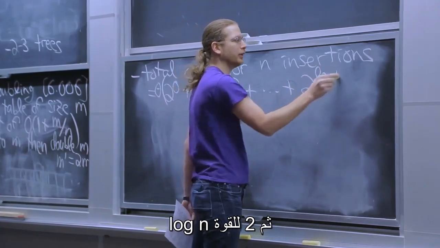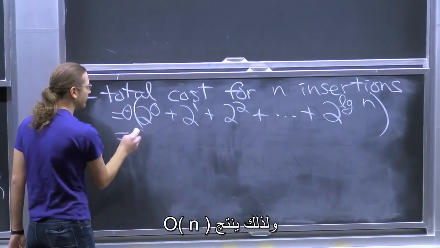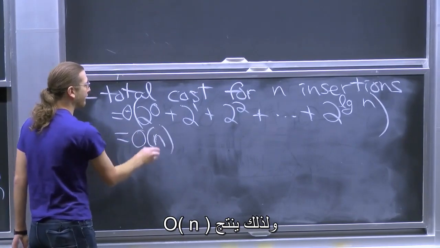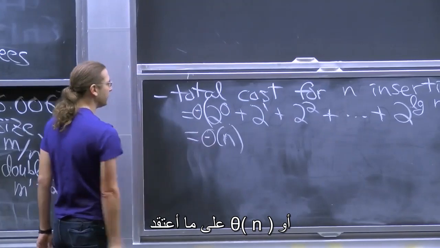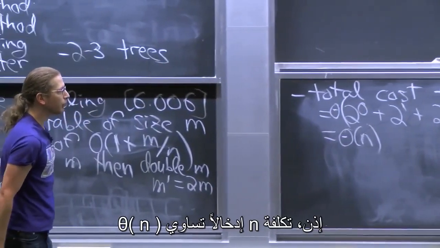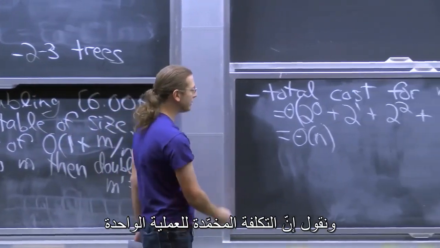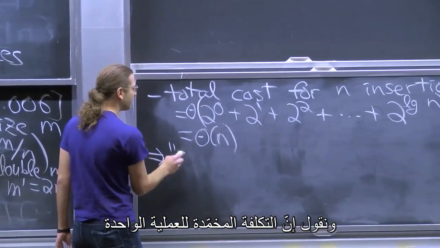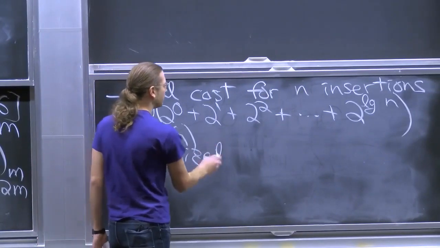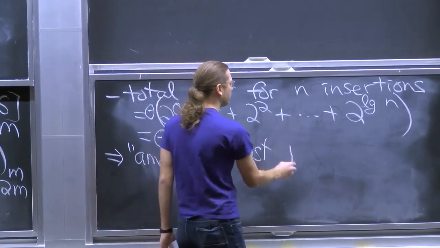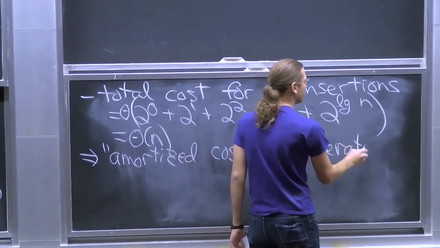This is a geometric series, and so this is order n. Theta n. So to do n insertions costs theta n. So we'd like to say the amortized cost per operation is constant.